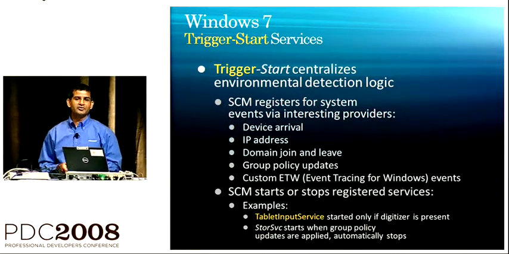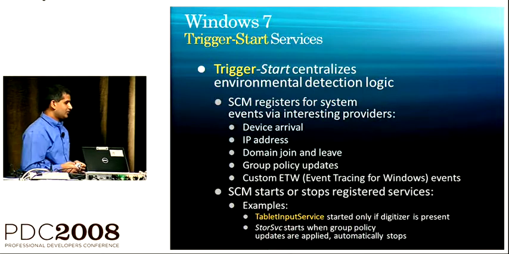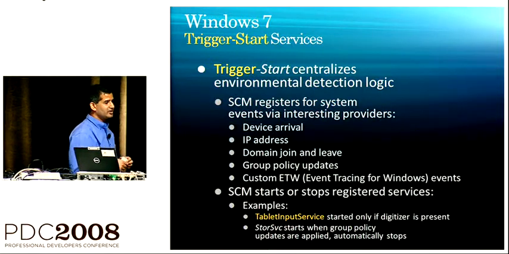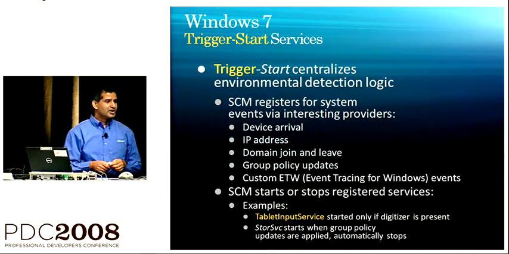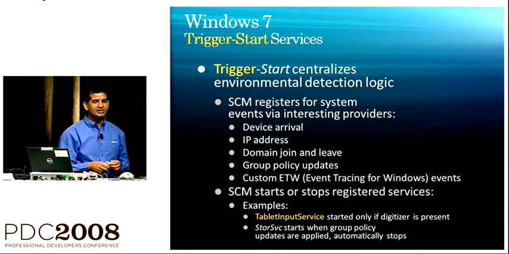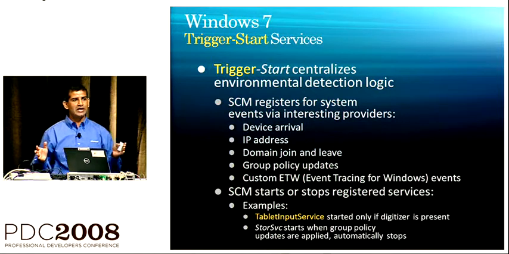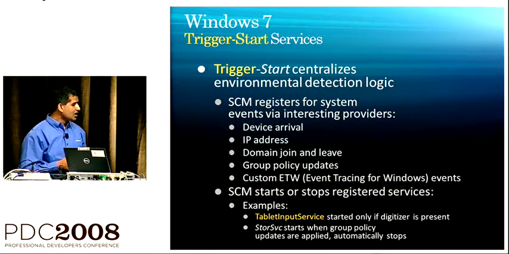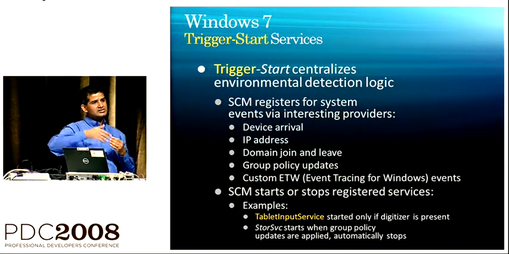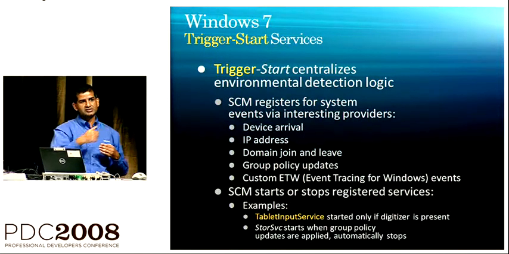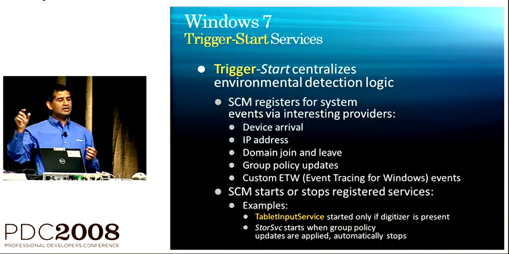So in Windows 7, we have introduced a new concept, which is the trigger start, as we call it internally today. The trigger start functionality basically is supported by the service control manager infrastructure that manages services. And what it does is it listens for certain known interesting events in the system today via the actual providers.